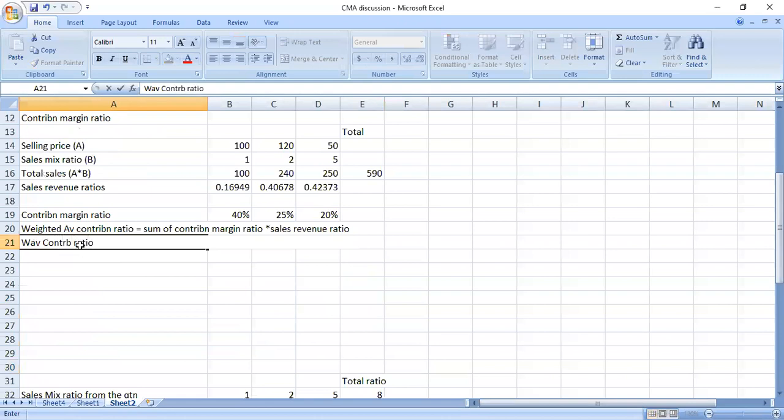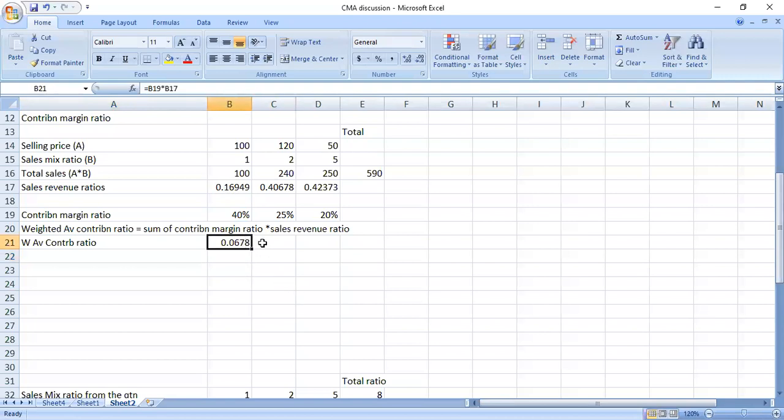So we get it by multiplying the 40% times the sales revenue ratio for product A. You do the same for product B. Now get me the total weighted average contribution margin.